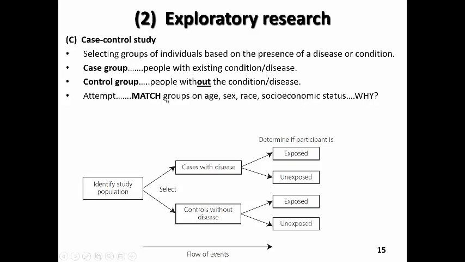So why is it important to match the individuals in the case group with those in the control group? The whole point is to minimize confounding factors. When we talk about confounding factors, we talk about those elements that can influence the outcome of a study that we do not want to influence the outcome of the study.